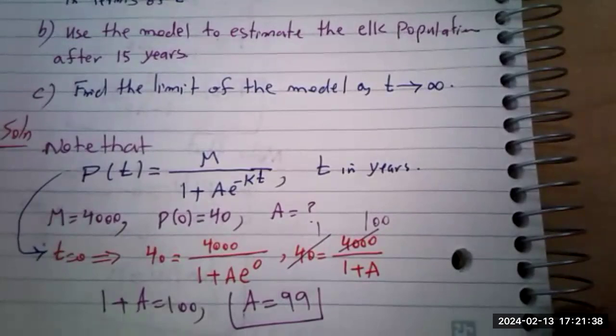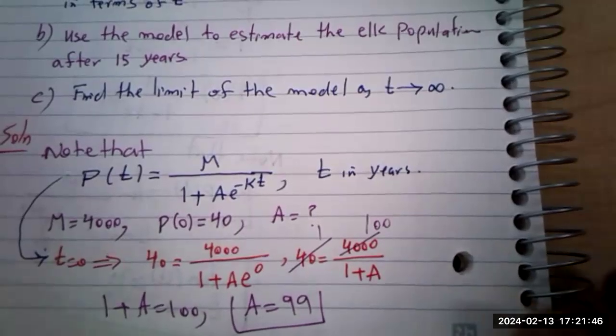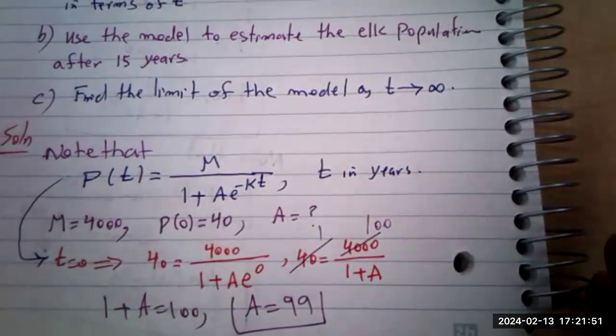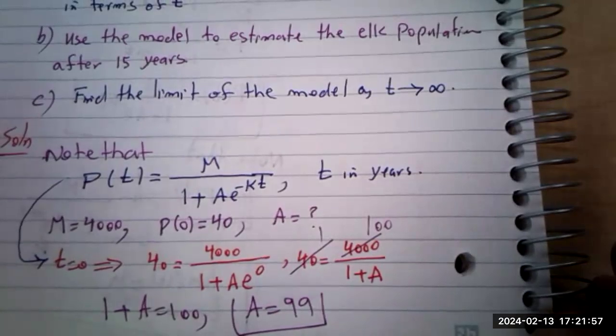So go back, and then you have to work for the K. Any question? I'm going to go back and substitute here, because I got the A and I got the M. These two are available, and I have to do something to be able to get the K. Do it step by step.